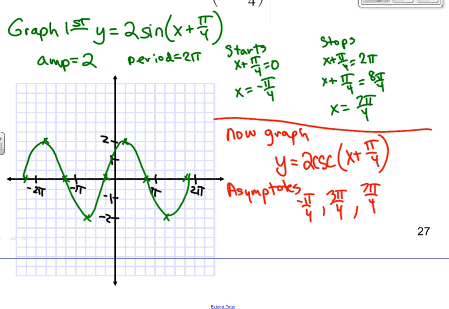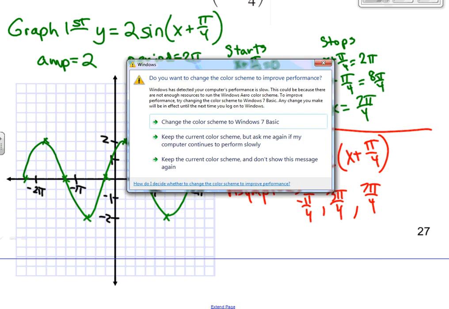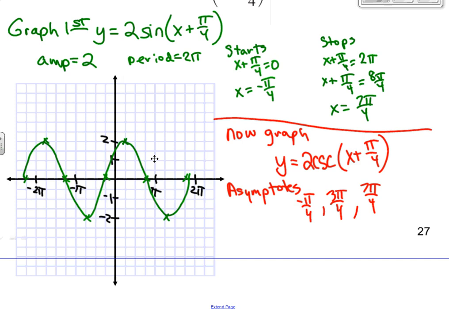And so if I count, these are going up by pi again. So, let's look at this. Keep current color scheme. And is that a good one? Okay, all right, we'll see how that goes. But x equals, we can say that it's at 3 pi over 4 plus pi n.